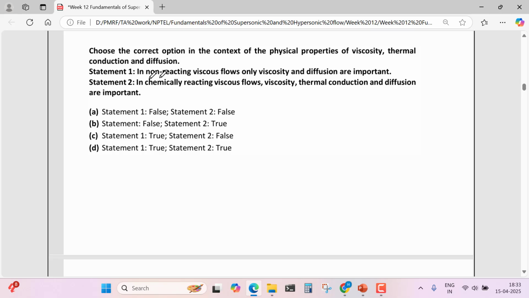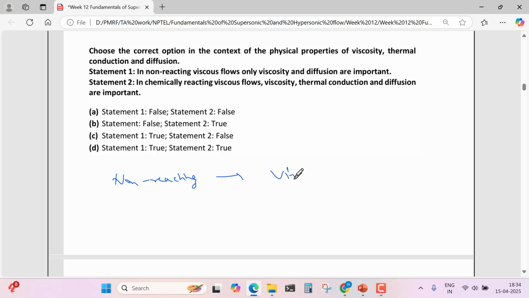So first, for non-reacting viscous flow, if there is non-reacting, then you can say that the density of different species is not changing. So there will not be a gradient of the species, so diffusion is not that important.